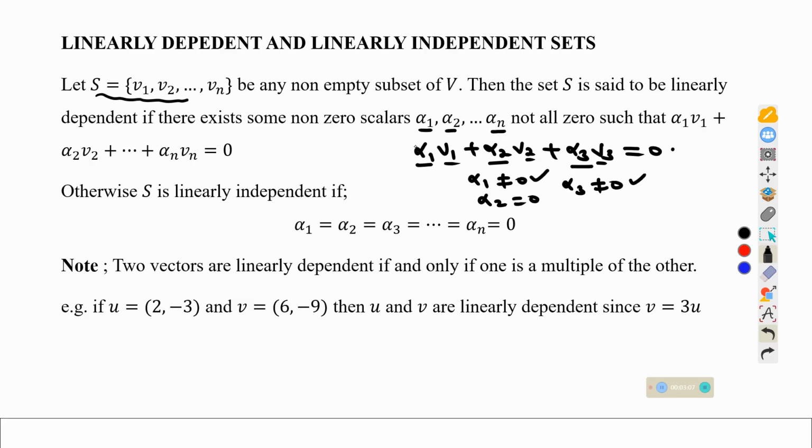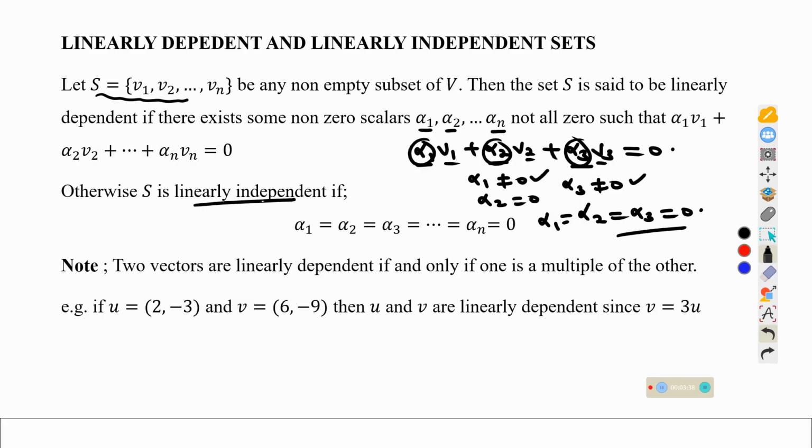But when you equate this linear combination to 0, and you realize that the values for alpha 1, alpha 2 and alpha 3 are all equal to 0, alpha 1 equals alpha 2 equals alpha 3 equals 0, then we shall say that these vectors V1, V2 and V3 are linearly independent.